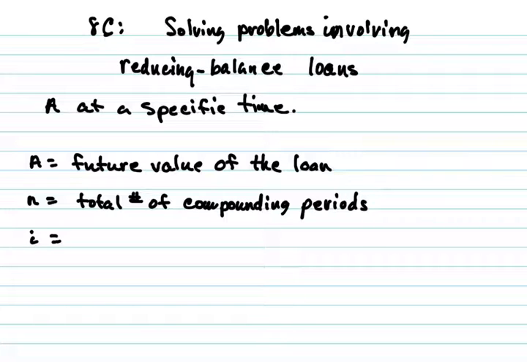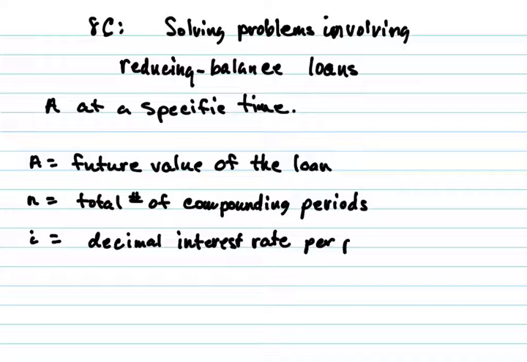We also need I, which we've done tons of times. That's simply the decimal interest rate per period. And remember, the per period thing is important, because if you're paying monthly, then you need to divide by 12. If you're paying quarterly, divide by 4, etc. So watch out for per period.